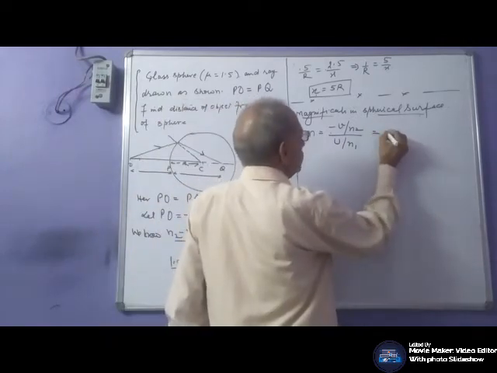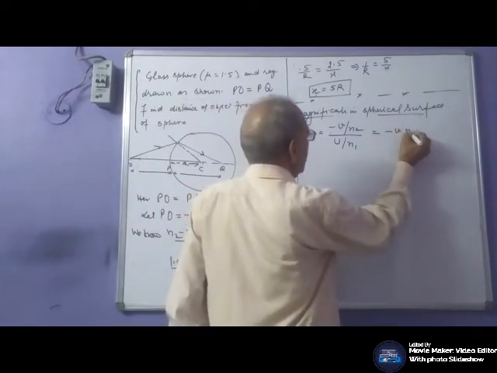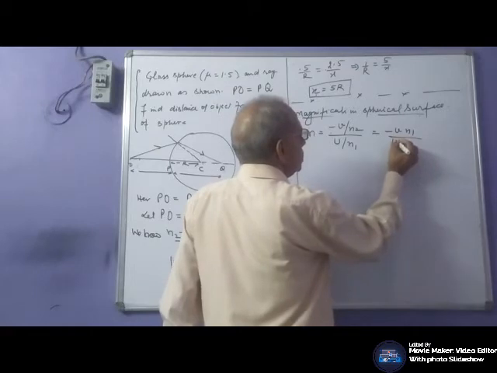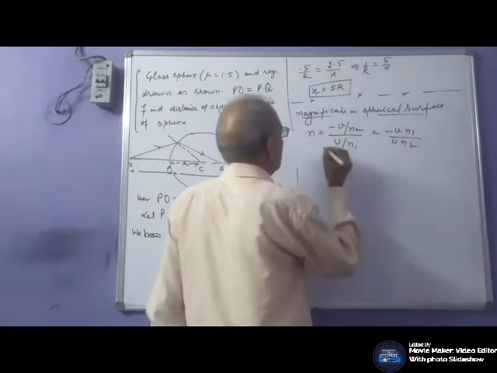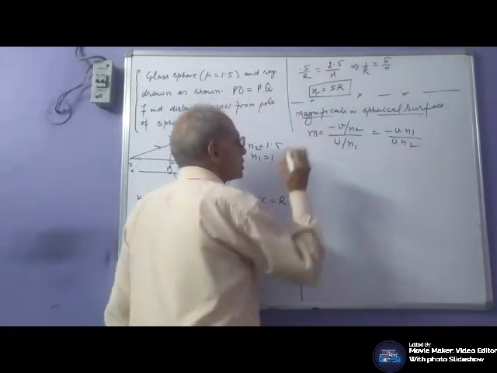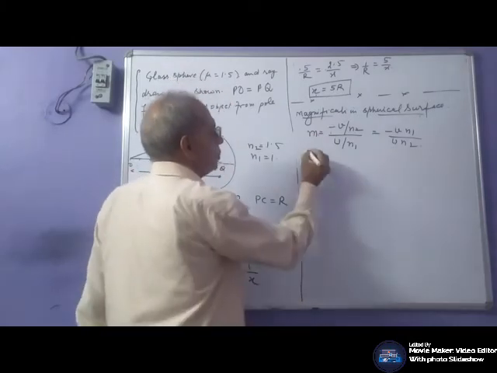So it comes out to be M equals V N1 by U N2. This is M, magnification.